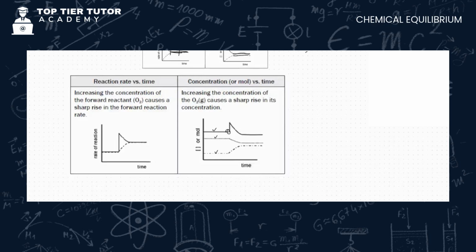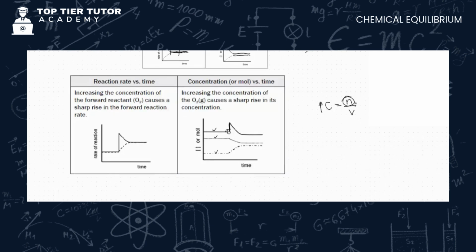Now, the number of moles and the concentration will go up, because the concentration is the number of moles divided by the volume. So if we increase the number of moles, we also increase the concentration. We're expecting this behavior because we have changed the number of moles, thus the concentration and the number of moles of your oxygen will increase.